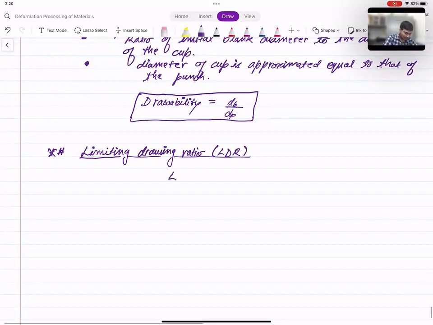So LDR is nothing but dB over dP, the maximum value of this ratio. And this defines the maximum diameter of the blank that can be drawn into cup shape without failure or rupture.